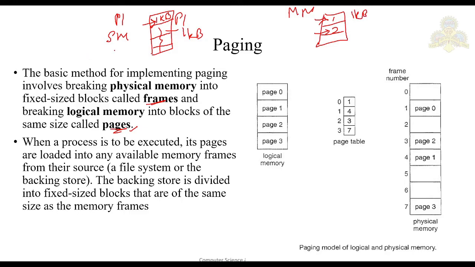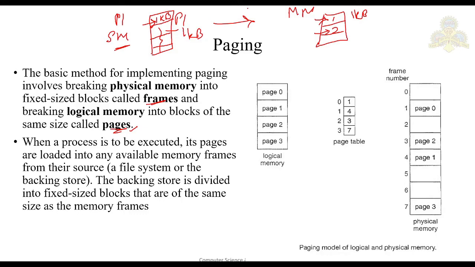The process is in the secondary memory, so it has to be brought into the main memory for execution. Each frame is of the same size as a page. That is, your page size will be equal to the frame size. If the page size is 1 KB, then the frame size is also 1 KB.